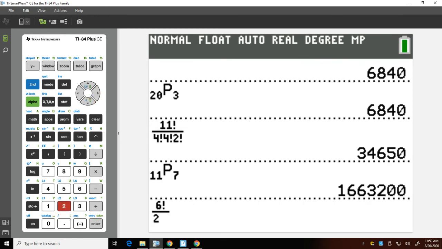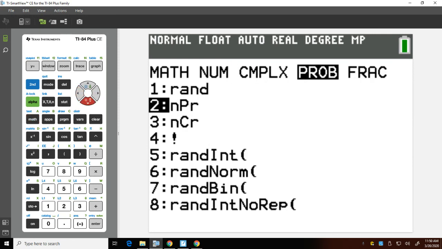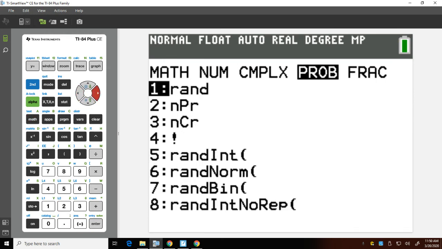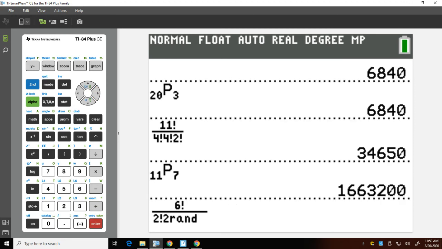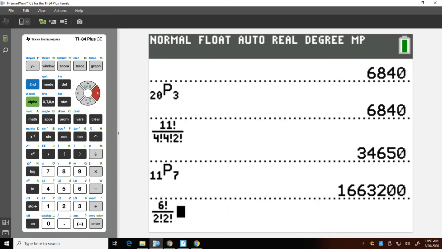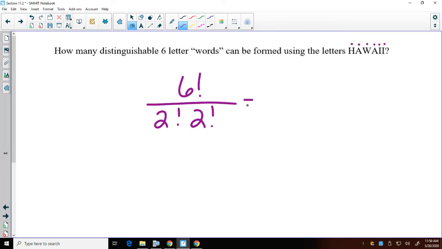And then 2, math, prob, factorial, and then another math, prob, factorial. Oops, added the wrong thing in. Math, number 4. And there it is. Hit enter. 180 different ways we can rearrange Hawaii.